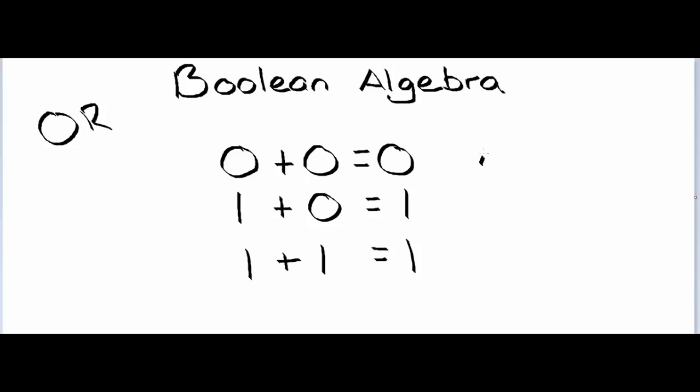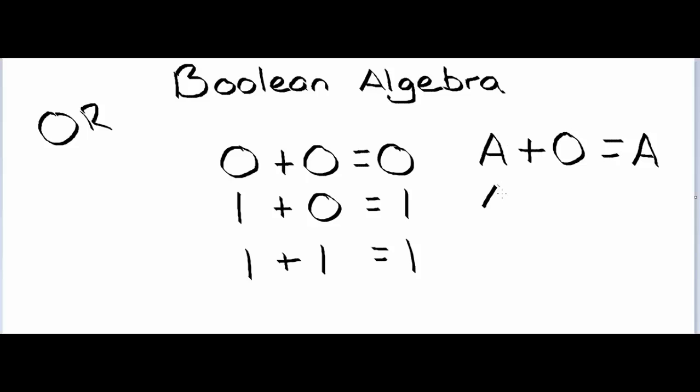So if we say that we have A, which can be anything, either a 0 or a 1, and we add that to 0, then we know that the answer is always going to be A. Now the reason for that is because if A is 0, 0 plus 0 is 0, so A was already 0, so that makes sense. And if A is 1, then 1 plus 0 is 1. So again, A was originally 1, so that rule works.